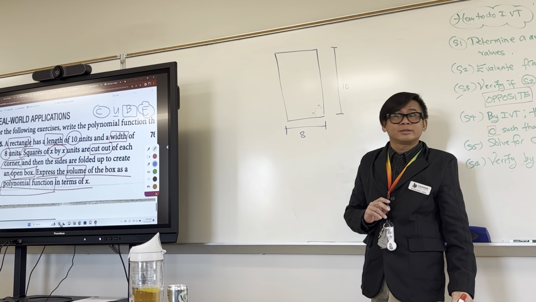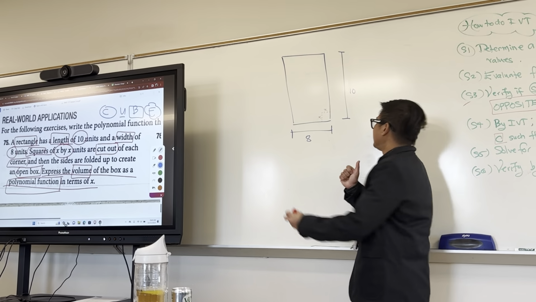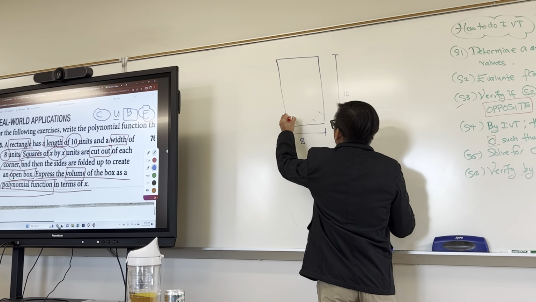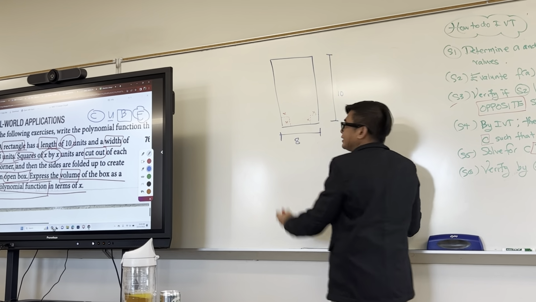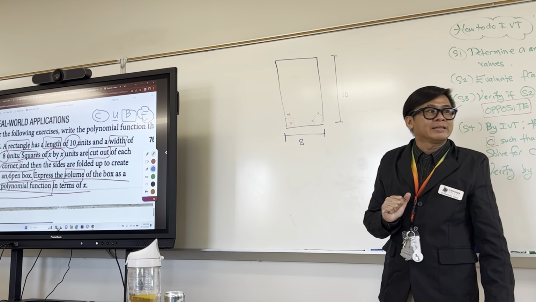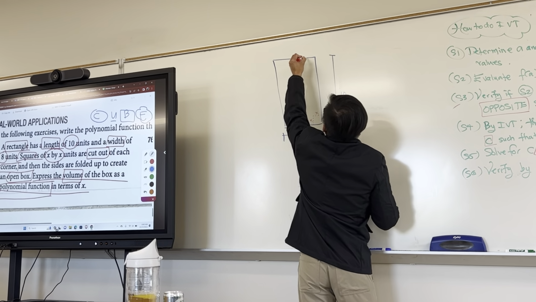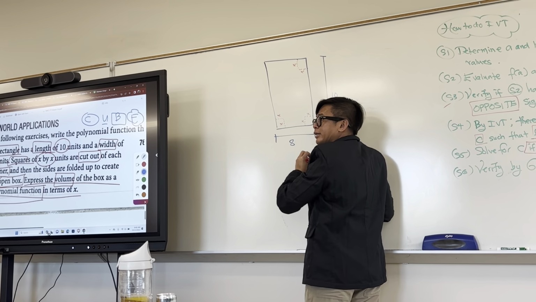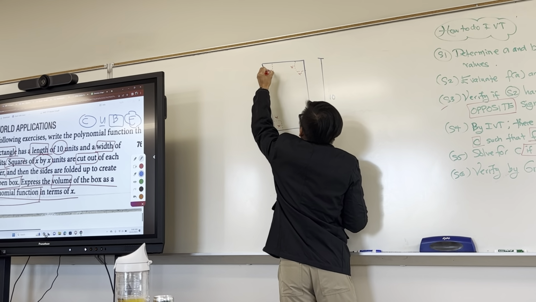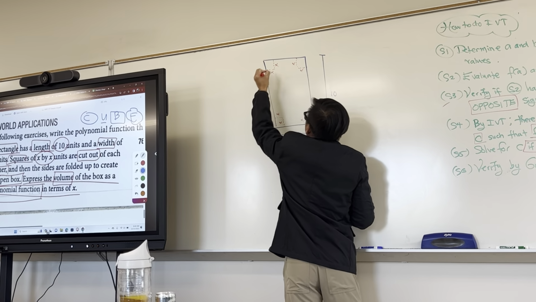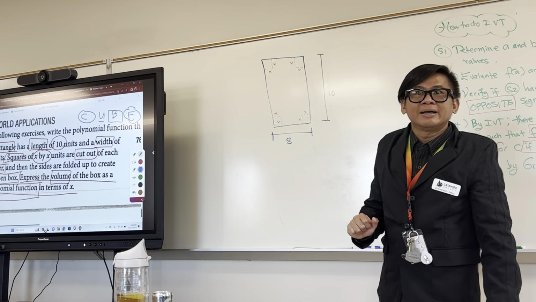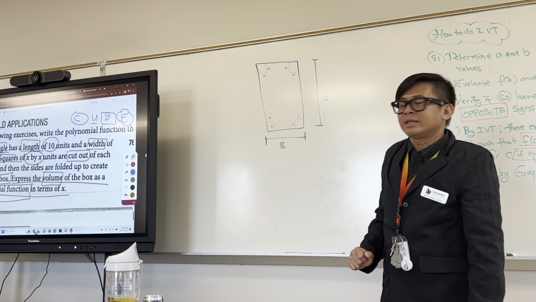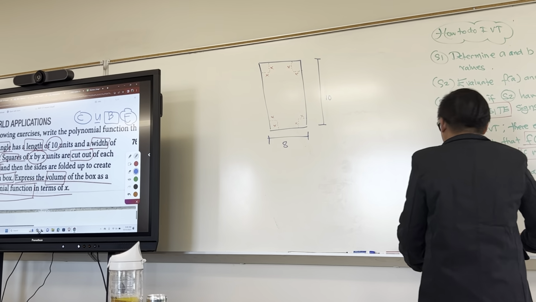Same in here, a square as well of x by x dimension. Same in here, and similar in here. Are we good, guys? So if you cut it out, what's gonna happen?